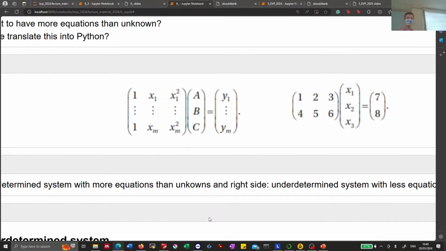So here's an example. We have a quadratic form. So we have a constant, a variable of linear type and quadratic type. And then we have one equation where they add up to y1. We have another equation where they add up to y2 until we have ym. And m could be a very, very large number, like a million.